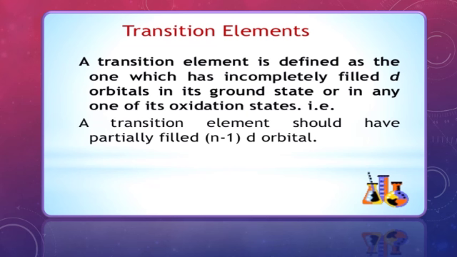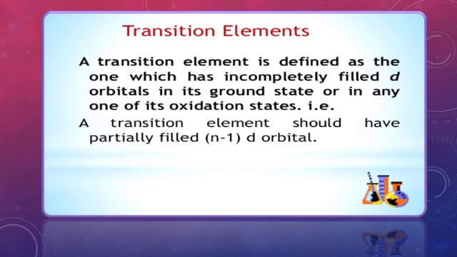Transition elements are those elements which have partially filled d orbitals either in the most stable oxidation state or in their elementary state.